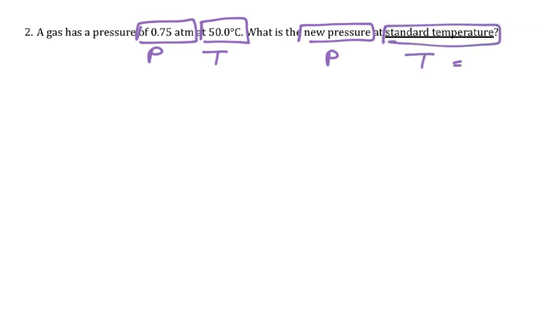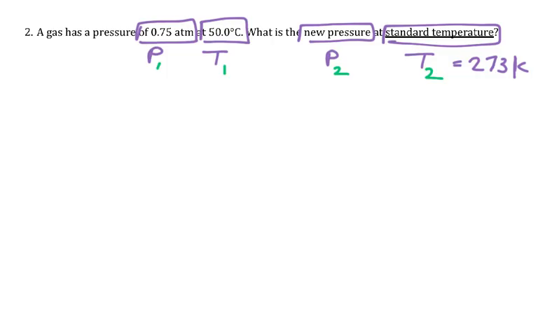And standard temperature is 273. So even though it's not giving us a number, we know that that's 273 Kelvin. All right, so with this, I'm gonna just assign this is P1, this is T1, and then new pressure, that's P2, so then my new temperature is gonna be T2.